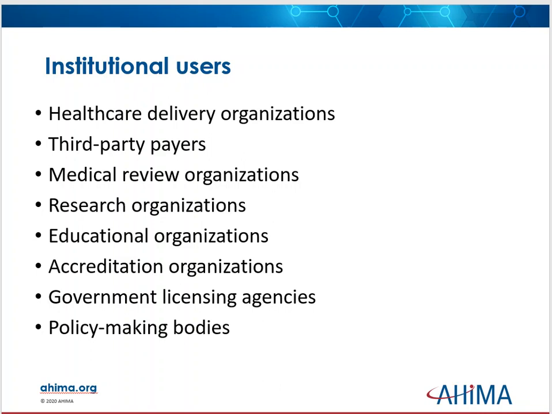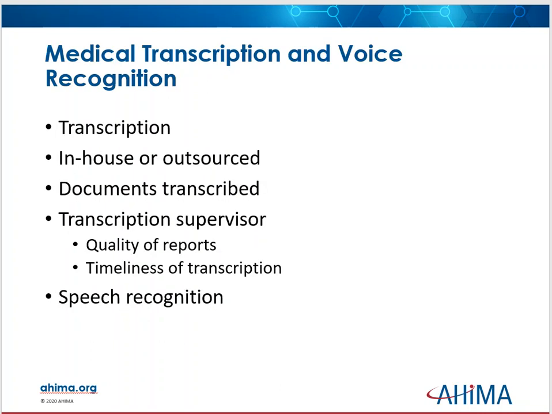You've got research organizations, again, for purposes of ensuring what's going on and trending and how to get a cure for cancer. Educational organizations, Joint Commission is an example of an accreditation organization. Government licensing agencies like the Illinois Department of Public Health and any policy-making bodies.